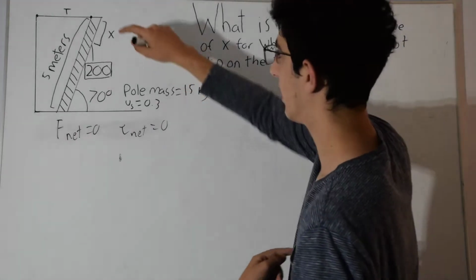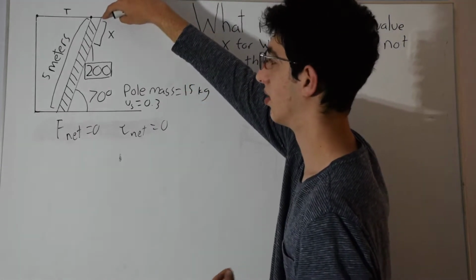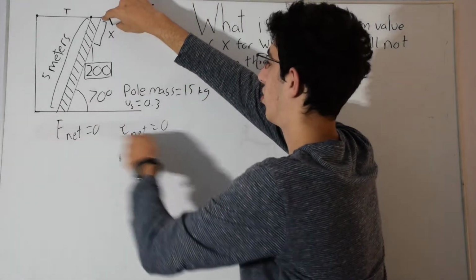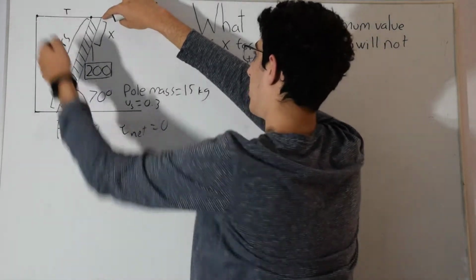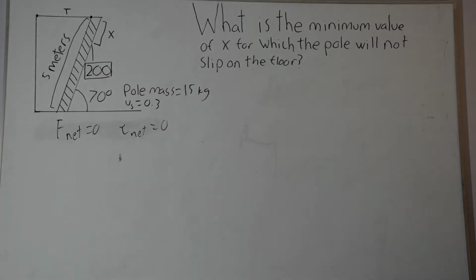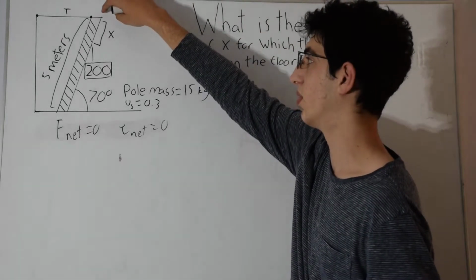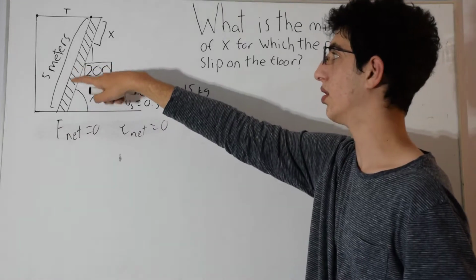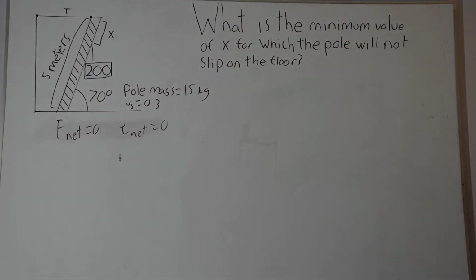And similarly, I can calculate torque over this point on the pole, and because the pole is not going this way or going up that way, the torque over this point must be equal to 0. Because if there were net torque over this point, or any point, the pole would rotate around that point.